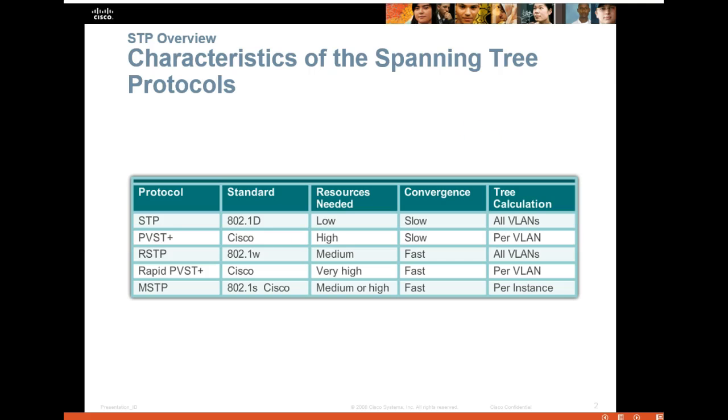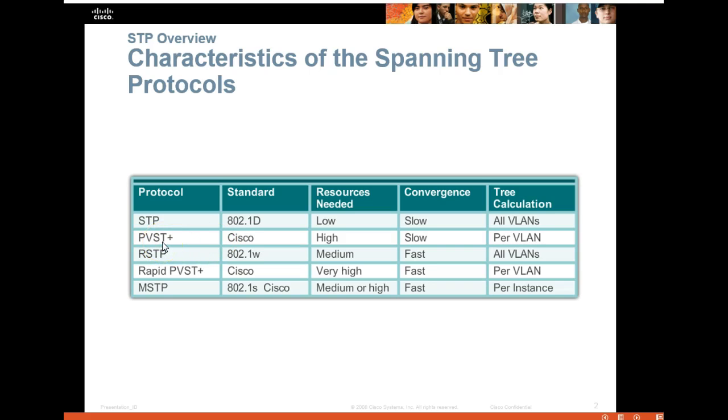When we talk about the list of spanning tree protocols, we have a couple instances of STP. We'll just have one listed here. And noticing that we first had spanning tree protocol, and then PVST, which was a Cisco enhancement of that, made things go a little bit quicker. Still, because the per VLAN spanning tree is what that means.